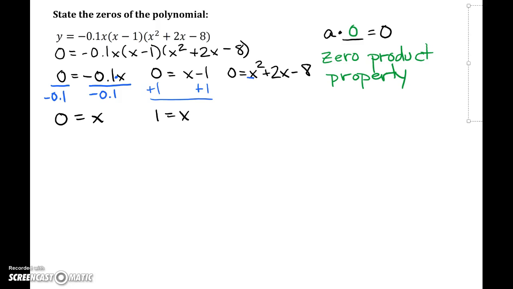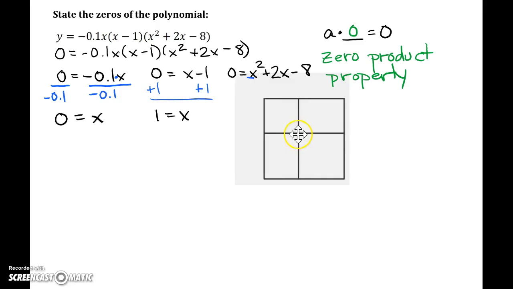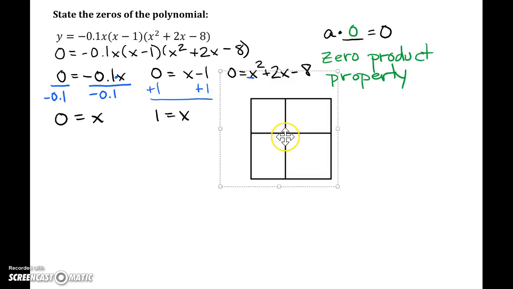So I'm going to use my trusty area model to help me factor this. When we're factoring using an area model, the upper left-hand corner is going to be our first term, or x squared. The bottom right-hand corner is going to be our third term, in this case, the negative 8. In order to multiply and make x squared, I'm going to use x and x.